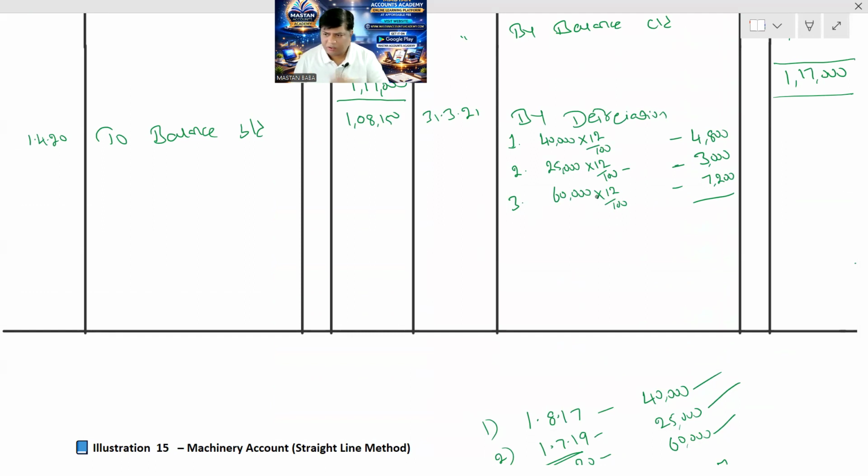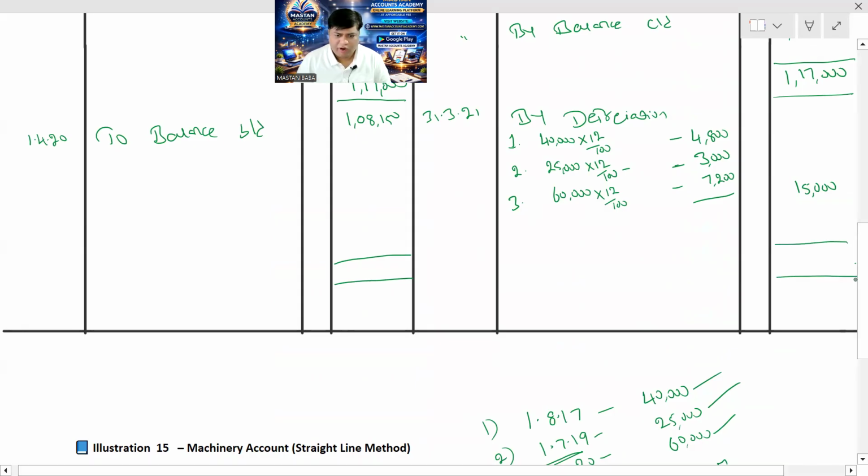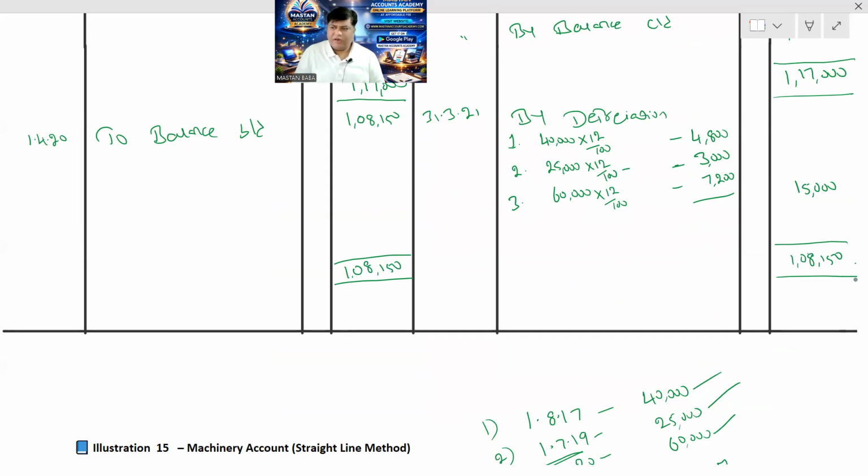Okay? So let's total: 7 3 10, 10,200, 800, 11, 10 plus 4, 15,000, right? So this 15,000 includes total three assets' depreciation. Let's balance once again. 1,08,150 minus 15,000. Here 87, so 93, 92,850.